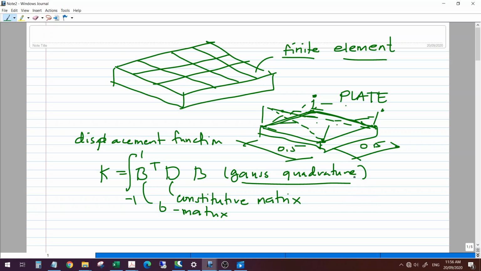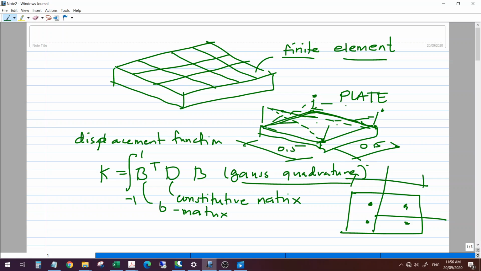So, parang pag tiningnan mo siya plan-wise, meron kang 4 points sa loob ng isang plate. Yan. Tapos, you call that the natural coordinate system from negative 1 to positive 1. So, this is negative 1.